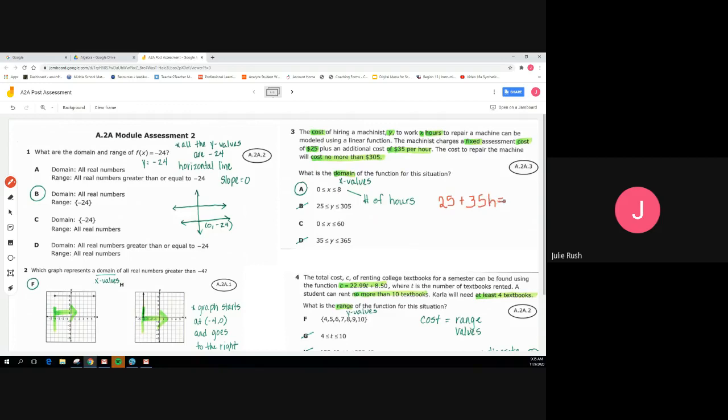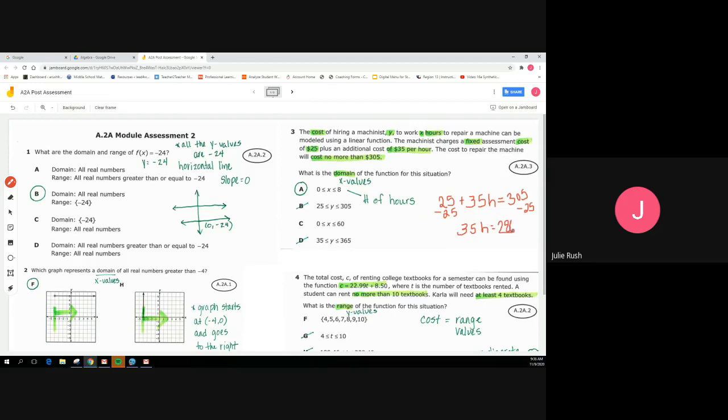So I'm going to set this equal to 305 so I can find out the greatest hourly amount that corresponds to the greatest amount that I paid, which is 305. So if I subtract the 25, it's going to give me 280, and I'm going to divide that by 35. And so we end up with a max hourly amount of 8.